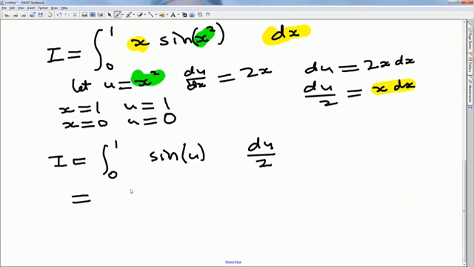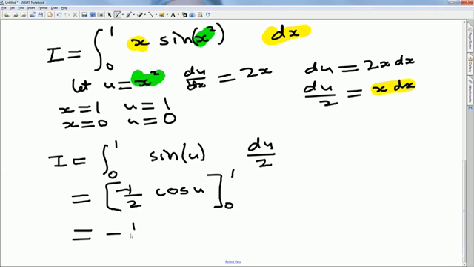So the half just sticks around. The integral of sine becomes minus cos. At least for me, I just have to be really careful about getting the signs right when integrating. I double check by differentiating. The derivative of minus cos is, yep, positive sine, so it works. Now we just need to sub in the limits from 0 to 1.